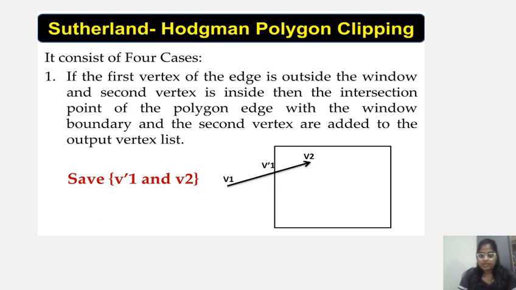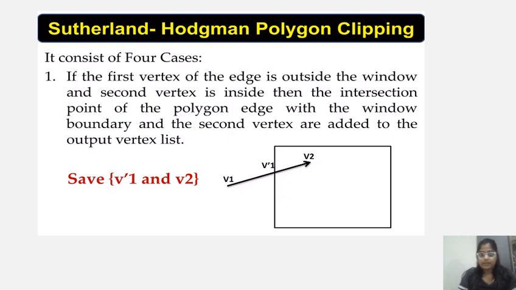So we consider the square as the polygon and the arrow mark is sent from the outside to the inside, where the intersection point from V1 to V2 is V1 dash. So while considering the save point, we consider the intersection point V1 dash along with V2 because the arrow mark goes from outside to inside in this case.